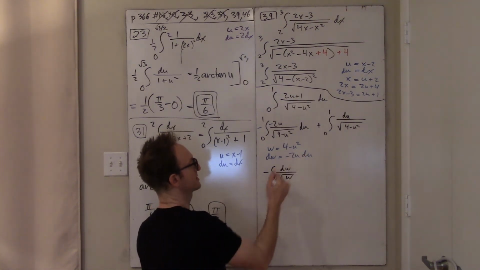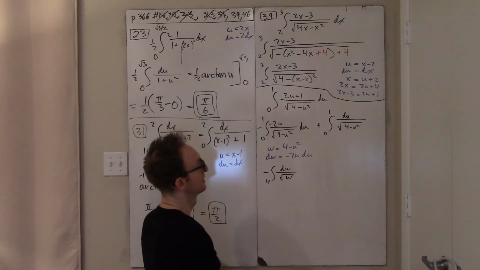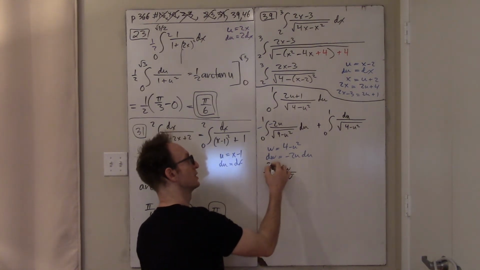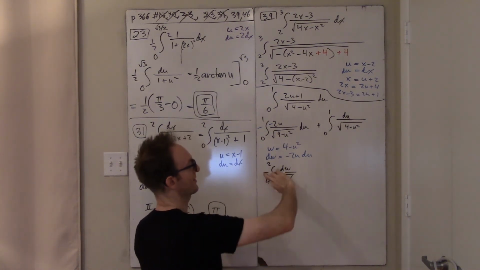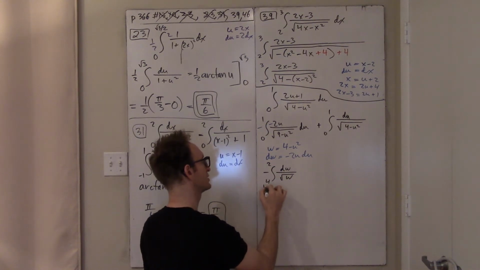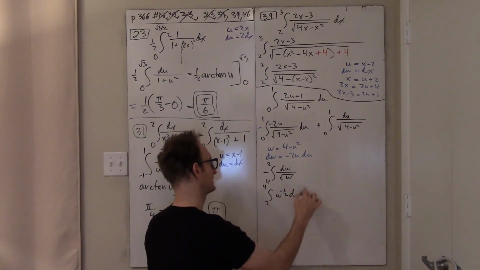When u is 0, w is 4, and when u is 1, w is 2. Now I flip the limits again, taking away the negative, so this is the integral from 2 to 4 of w to the negative 1/2 dw.